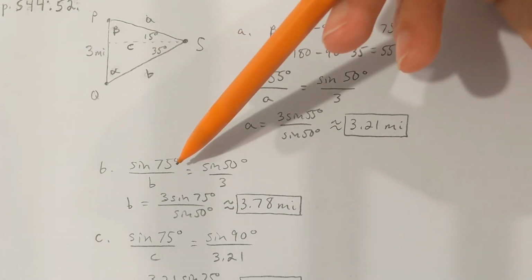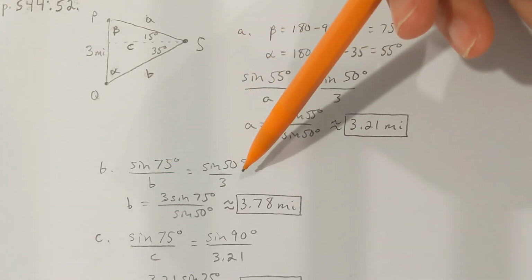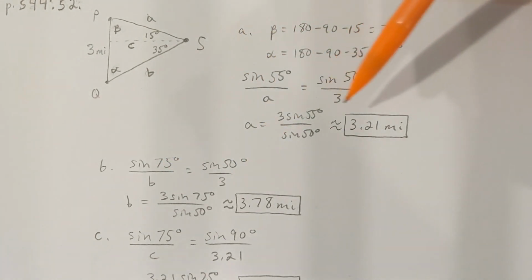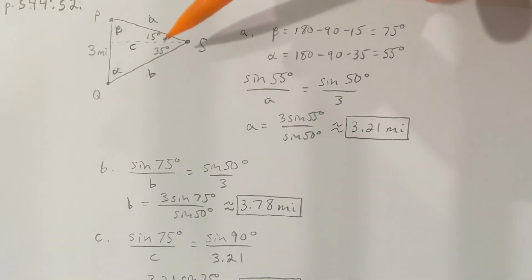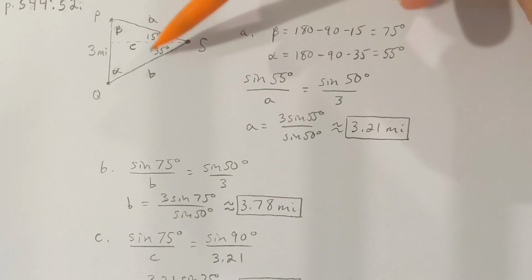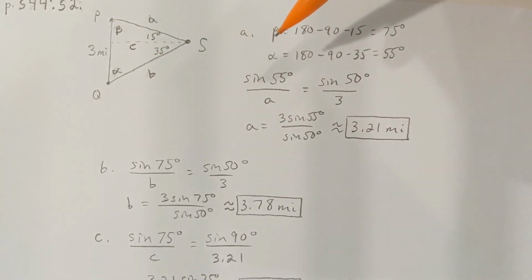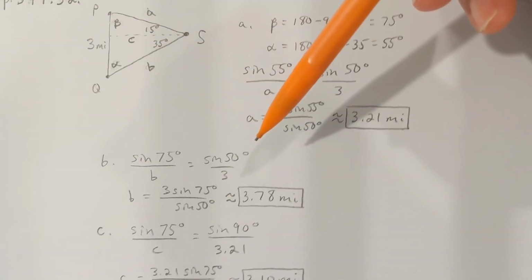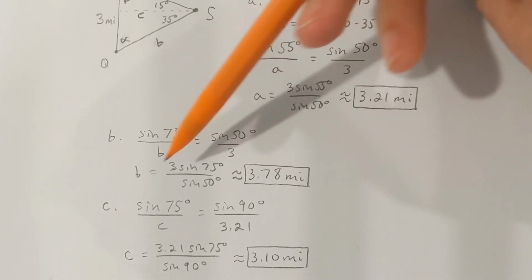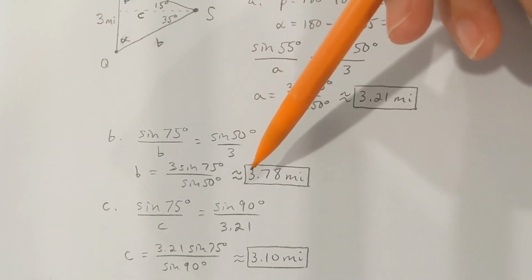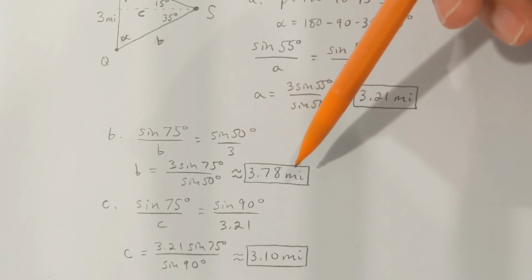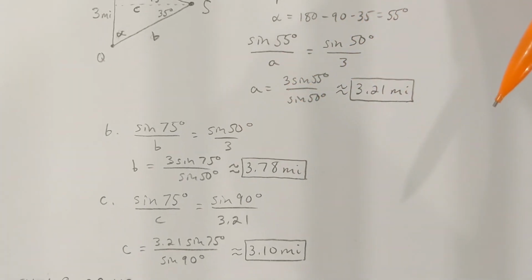So sine of 75 degrees over B would be equal to, I can use the same right side of the equation as I did in part A, since here's my 50-degree angle, and 3 miles is opposite the 50-degree angle. And if you cross multiply that, B is roughly 3.78 miles is what I was getting from the calculator there.